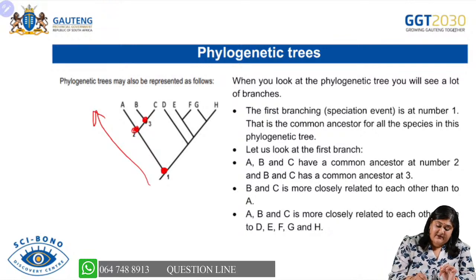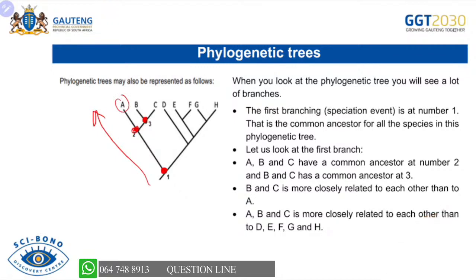But at point 3, we have the most recent common ancestor of B and C, so they are more closely related compared to A. And if we look at something else that we can analyze from this, A, B, and C are more closely related to each other than to D, E, F, G, and H. So this branch is more closely related compared to the second branch.